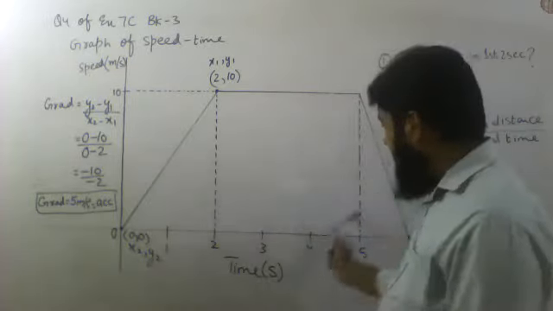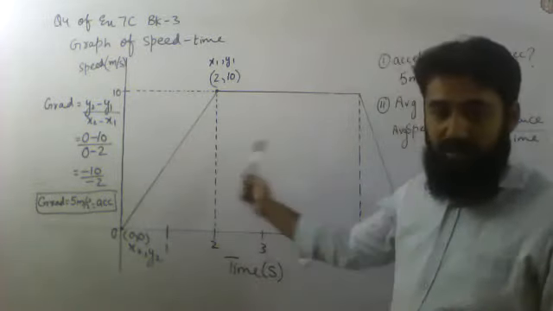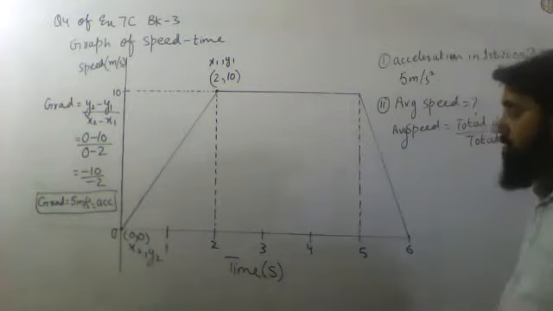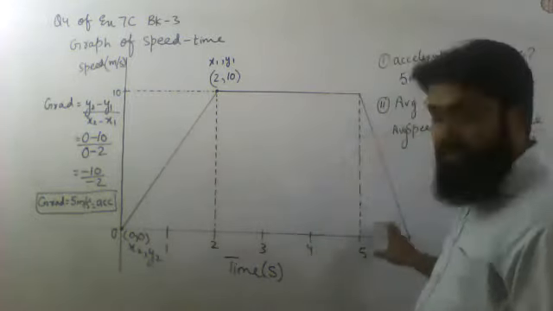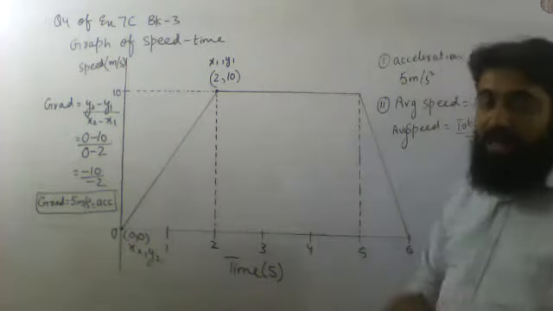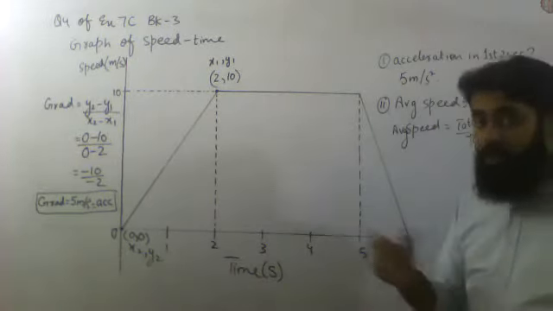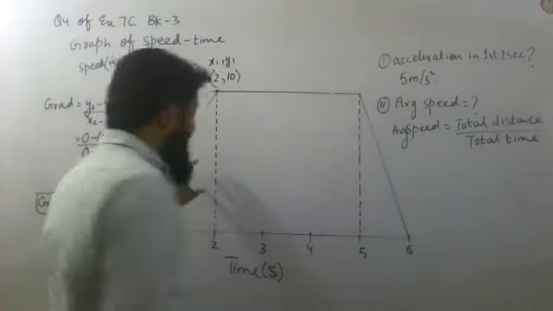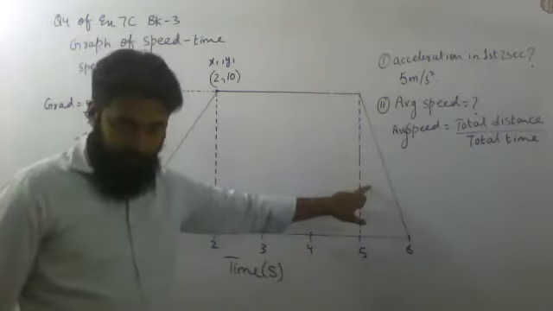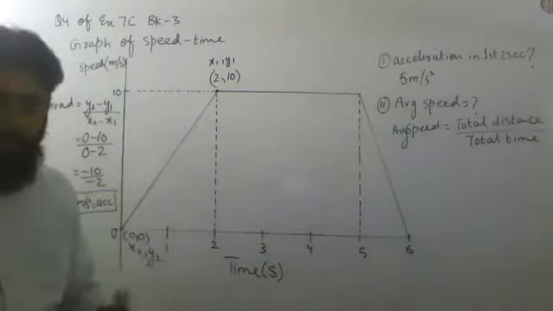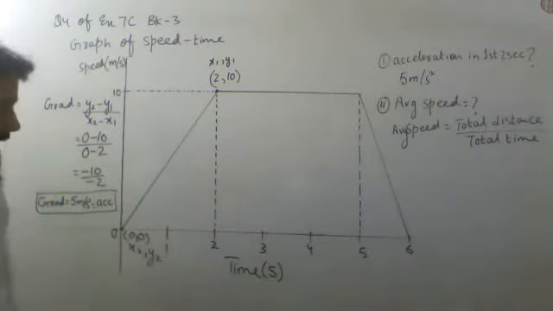I will find the area under this graph. As you can see, it's a complete trapezium. So either you can take it as a trapezium or you can distribute it into one triangle, second triangle, third triangle. I'm breaking it so you can understand it easily.